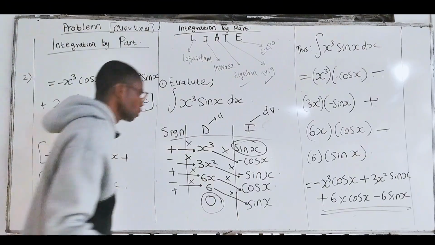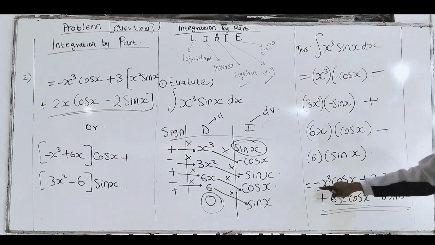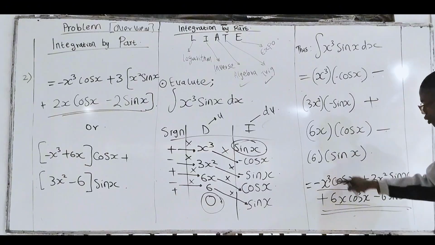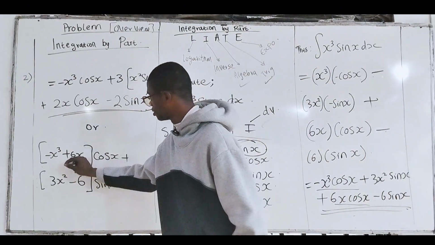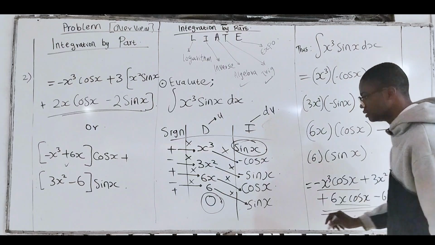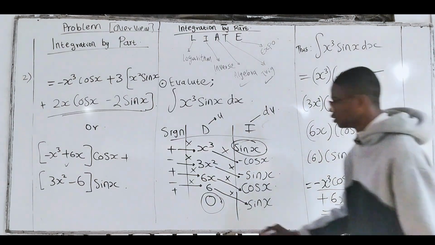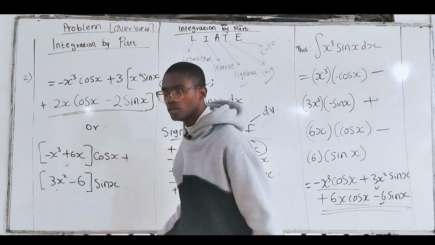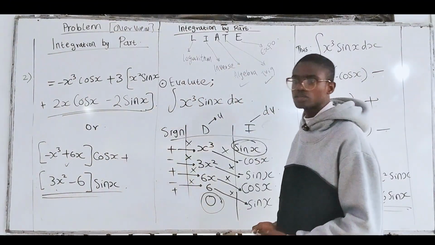Please observe. This was brought together with this, and I factored out cos, right? So I'm having minus x cubed, then this, in the brackets. Then finally, this and this were brought together. This is another way I can write it.